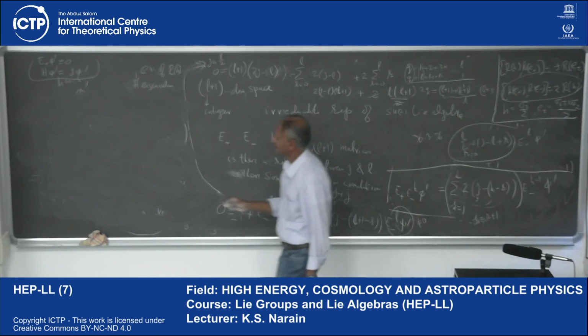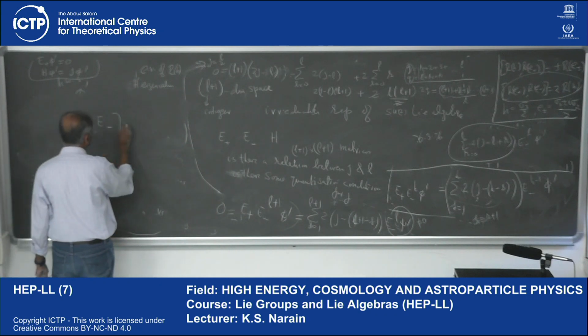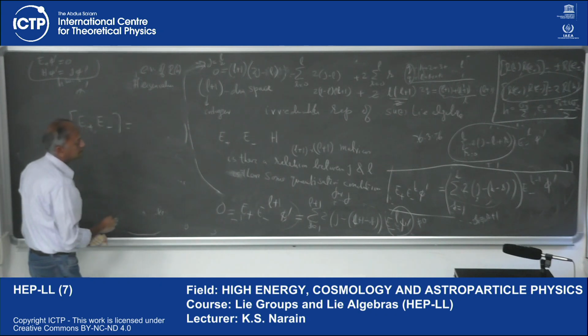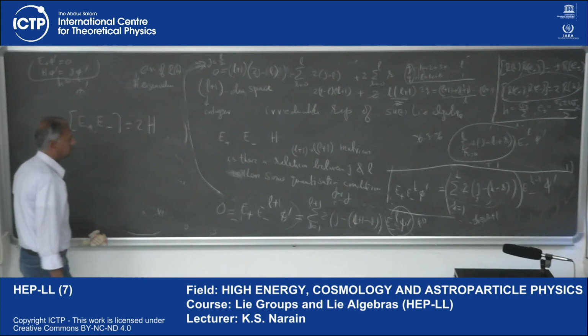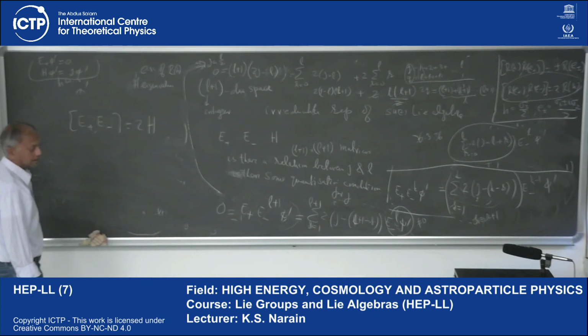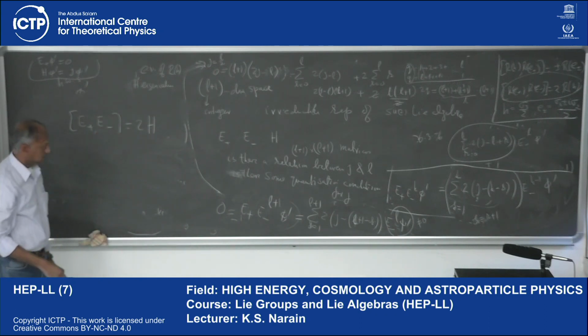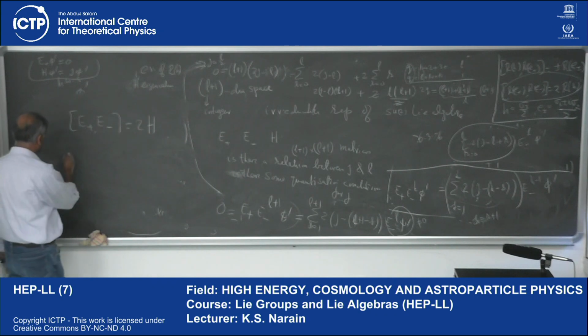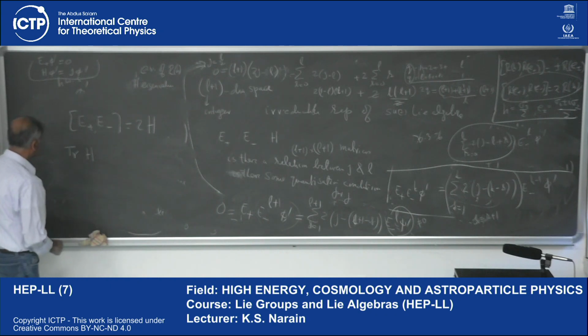This commutation relation says that the commutator of E plus and E minus is 2H. Now suppose I want to compute the trace of H or 2H, doesn't matter.